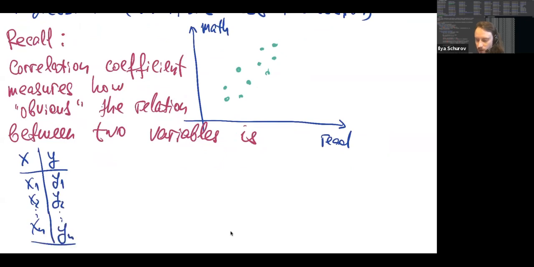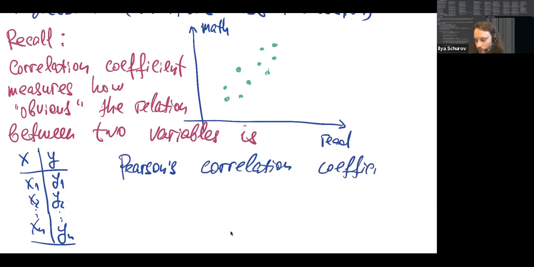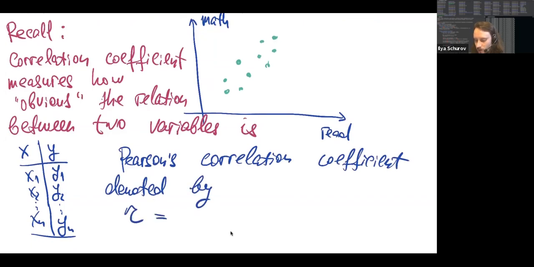And we discussed that Pearson's correlation coefficient, denoted by R, usually is calculated in the following way.